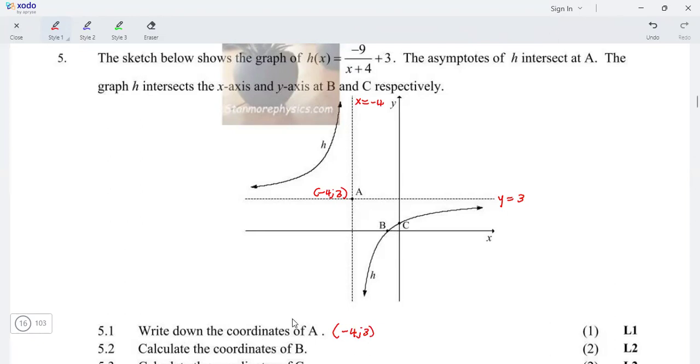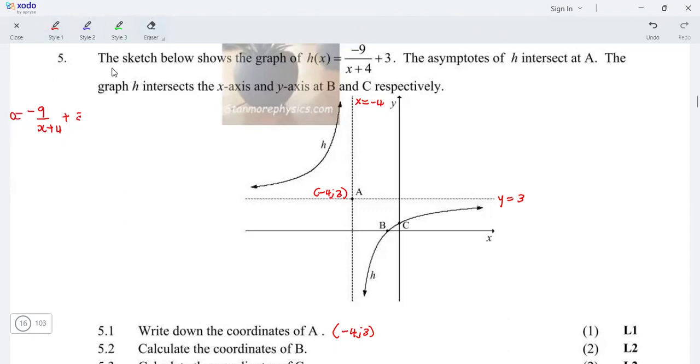B is an x-intercept, so we're going to say -9 over (x + 4), plus 3, is equal to 0. Some of you are used to working from one side, so someone may be confused why I'm putting the 0 at the side. If I was to put the 0 here and say 0 = 3, it's actually the same thing.